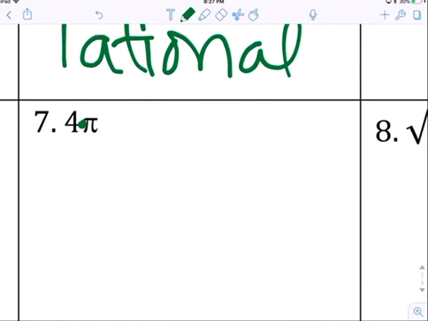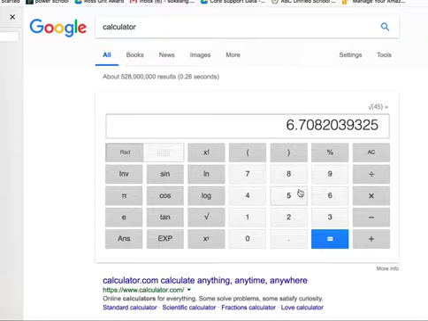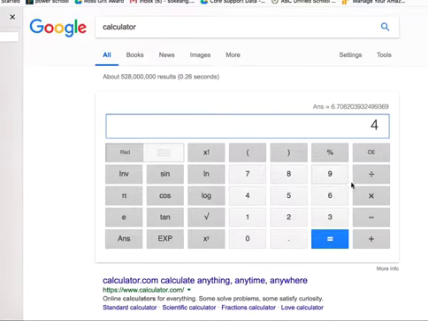Same thing with 4 times pi. If you use a calculator on 4 times pi, the decimals never repeat or never end. We don't know the ending of it. So that's 12.56637061444.